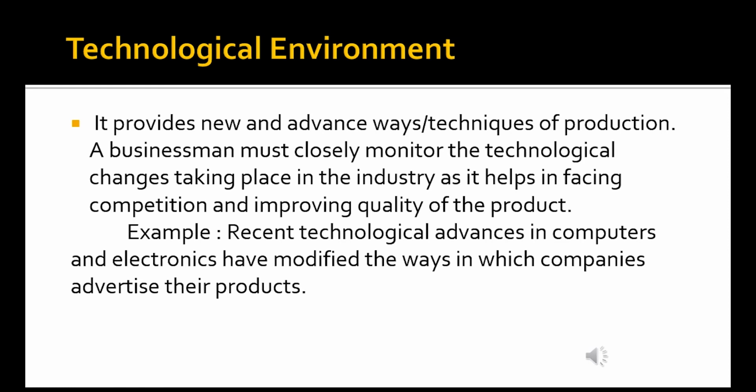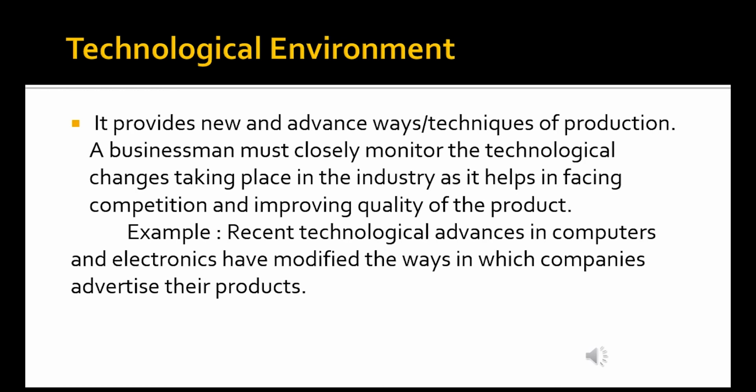Shifts in demand from vacuum tubes to transistors, from steam locomotives to electric engines, from fountain pens to ballpoint, from propeller aeroplanes to jets, and from typewriters to computer-based word processors have all been responsible for creating new business. For further reference, you have to look into page numbers 80 and 81 regarding social environment activity and technological environment.